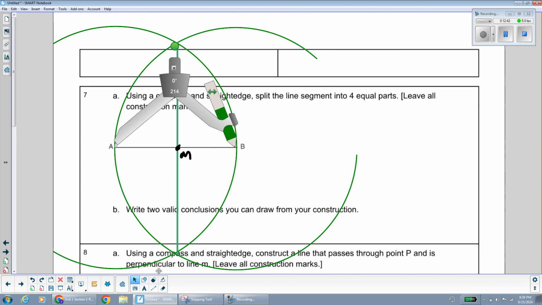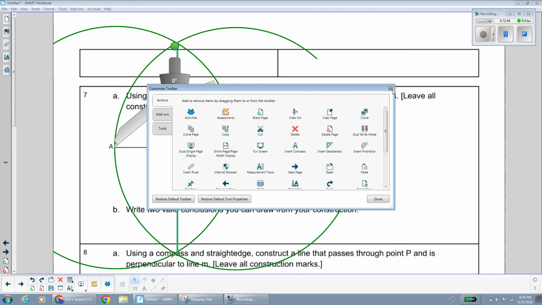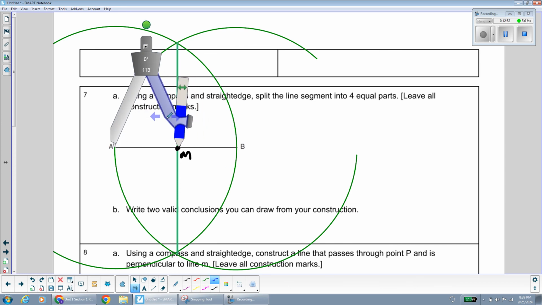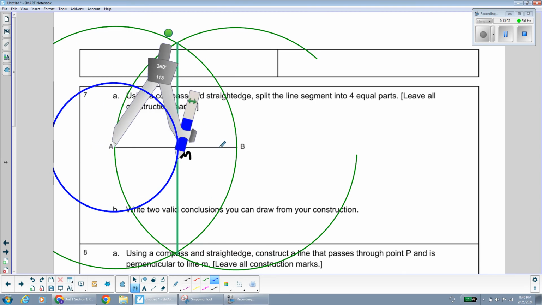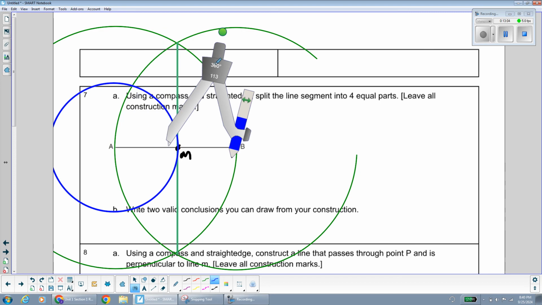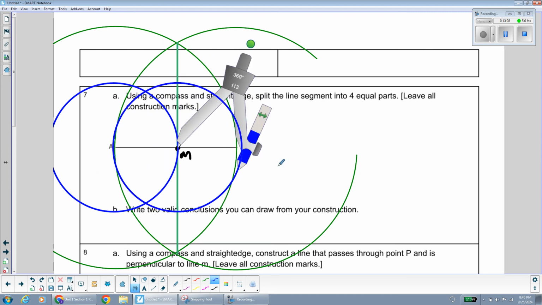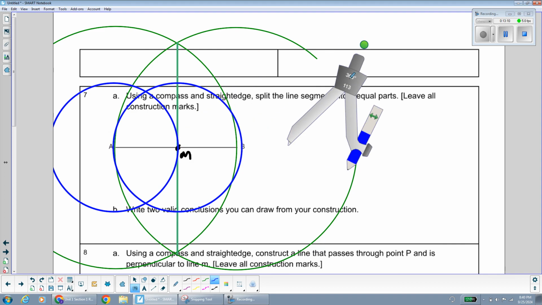So I'm going to do the same construction, but the endpoints that I'm going to use are the endpoints of a half of the line segment. So I'll start off by doing this side from A to the midpoint. Same thing on A, measure to M, make an arc or a circle, head on over to M, the other endpoint, same thing.